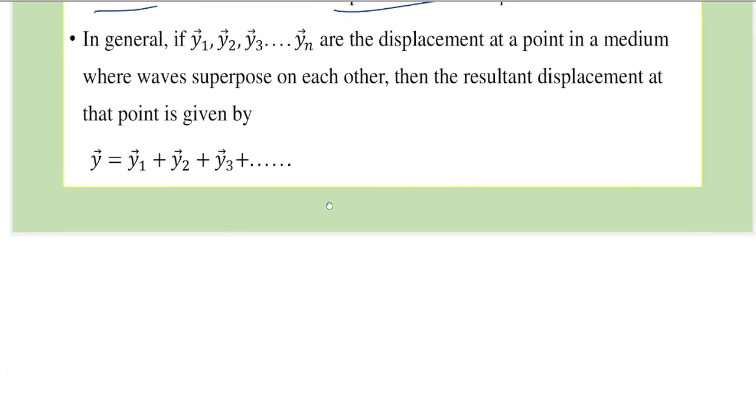To understand this, let's think of a wave. A wave equation is given in the form y of x, t, that is, y is a function of x and t, equal to A sine of omega t minus kx, assuming that the wave moves along the positive x direction.